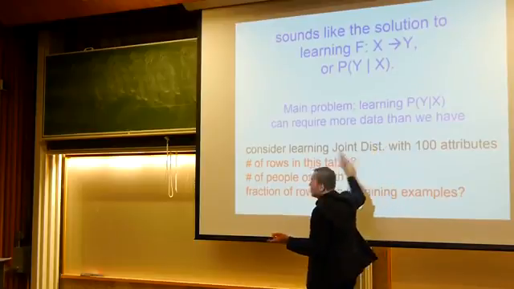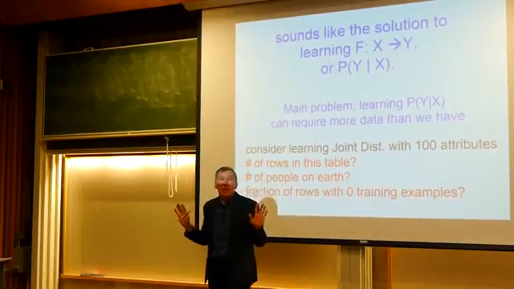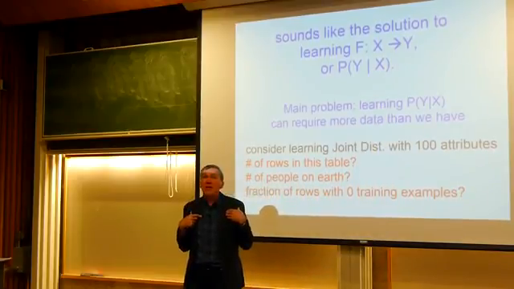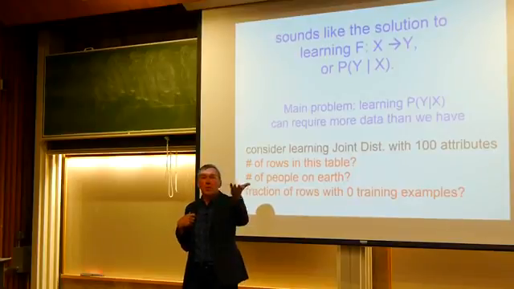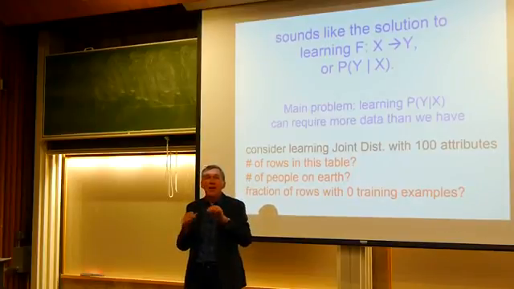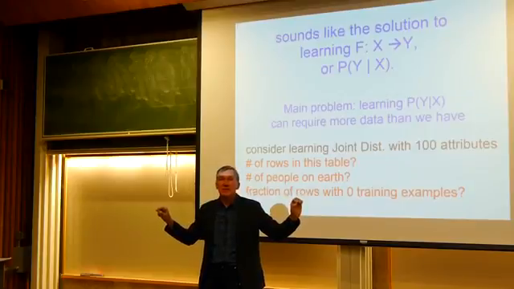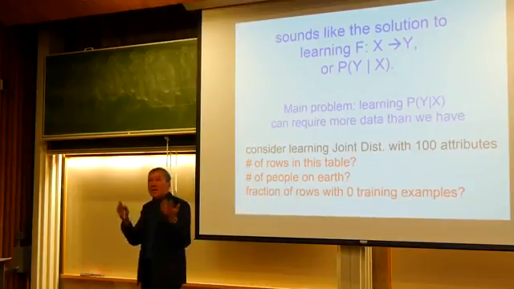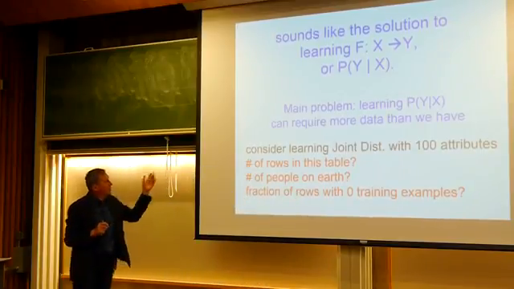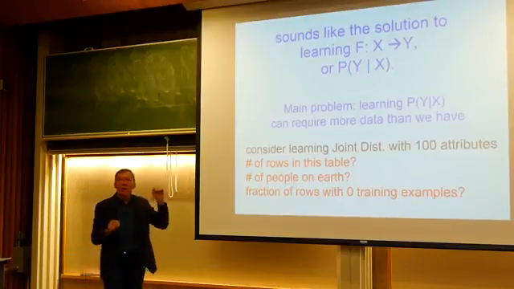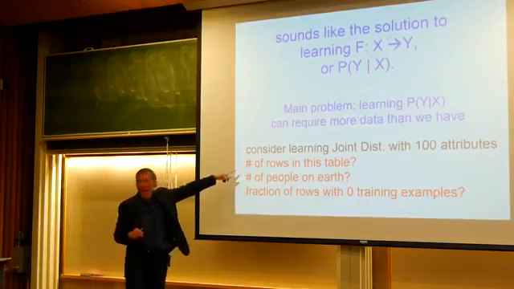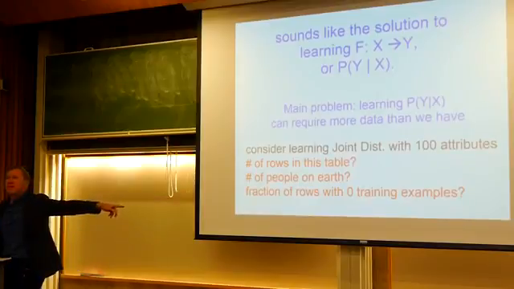And so suppose I come up with 100. That's a rather small number. Often in machine learning problems, say, that we're working on in my own group, we often have 1 million variables. So 100 is not a ridiculous number. But let's suppose we have 100 attributes, 100 variables that describe each person. Then how many rows in that table?